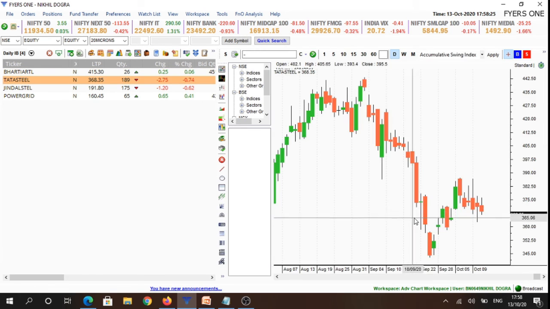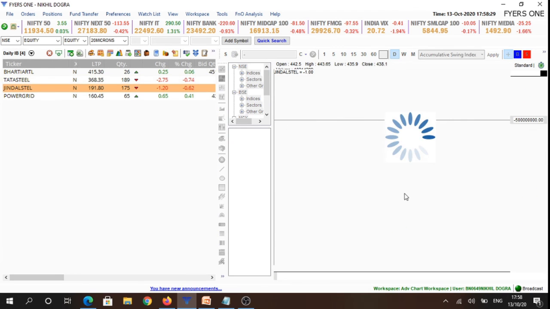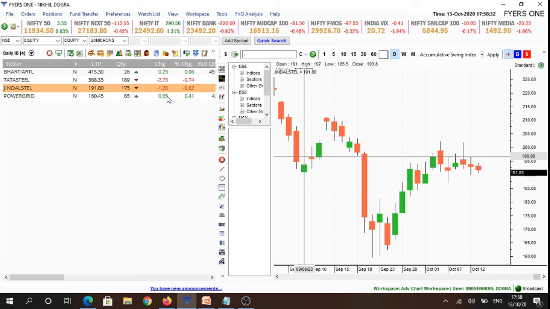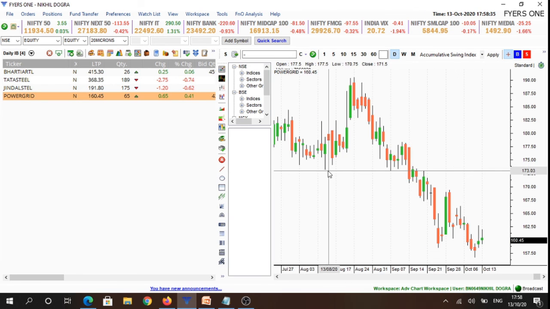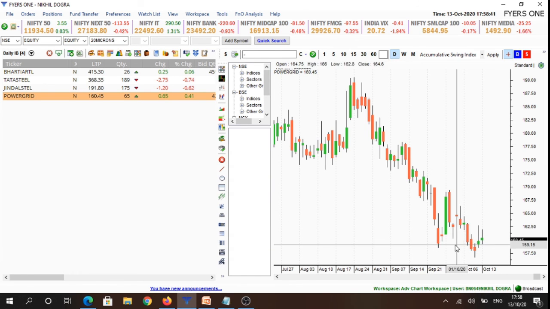Tata Steel is again an inside candlestick, and Jindal Steel is also an inside candlestick, and Power Grid is also an inside candlestick. So just like Nifty, we have to be flexible in all these stocks.